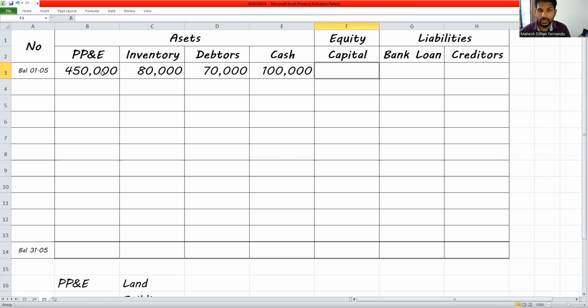Accordingly, total assets is 700,000. Let's see whether we get the same answer on the other side. Capital 450, bank loan 160, creditors 90. Yes, opening equity and liabilities also 700,000.